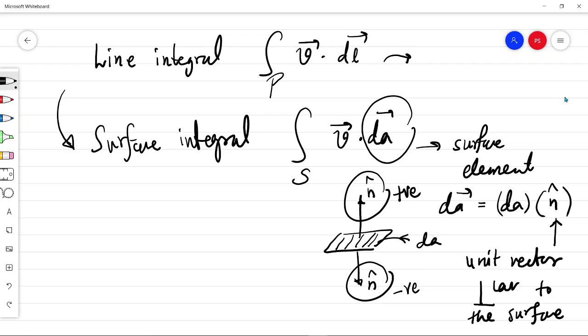As we have already defined a closed integral for the line integral part, where we start from some point A and end up on the same point A, so that the path becomes closed, similarly, we can define a surface integral over a closed surface.